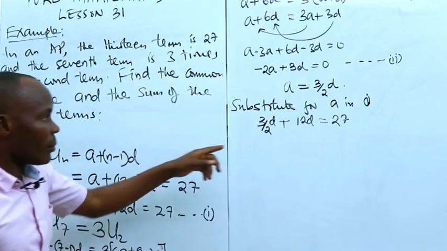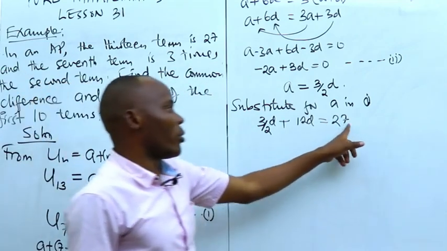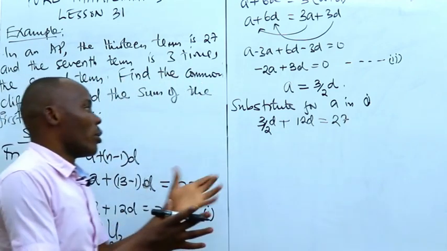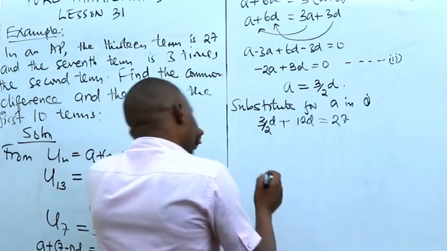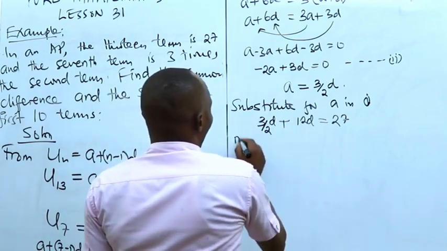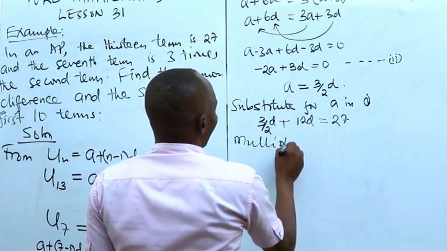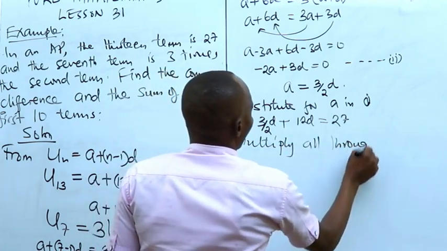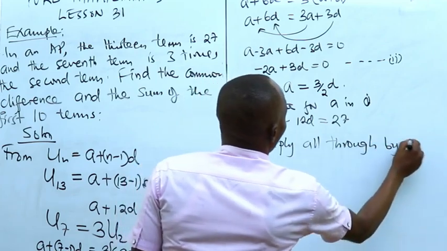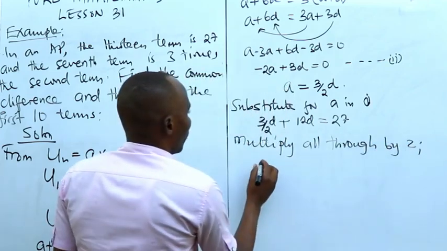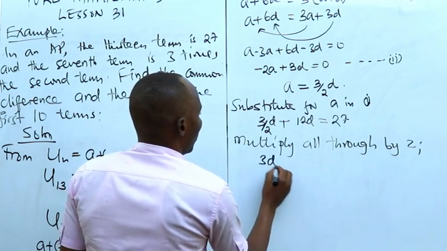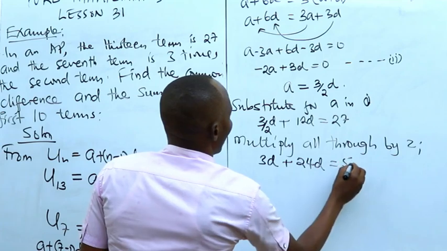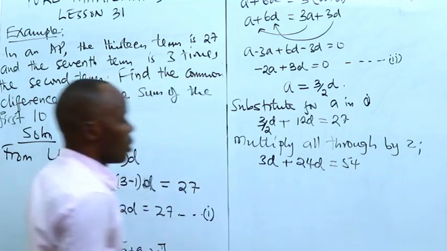This is a fraction, this is a whole number, this is a whole number. To deal with this fraction, you can multiply all through by the denominator of the fraction. If you multiply all through by 2, you will have 3d plus 24d is equal to 54.